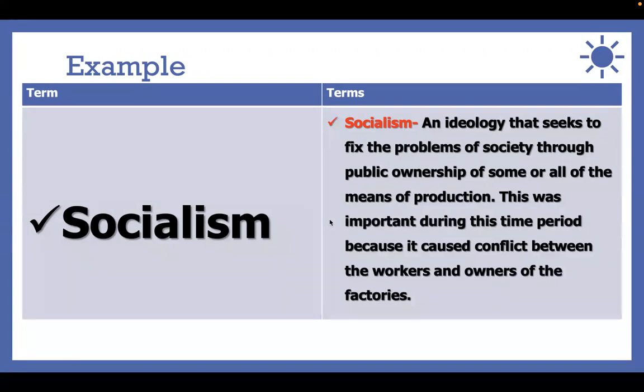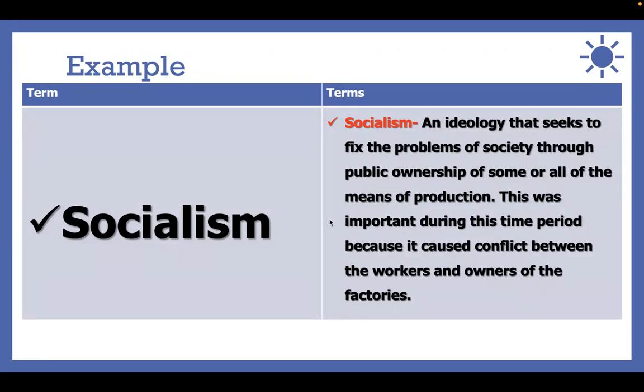And it is arguing that the means of production, meaning the factories, the resources, and things like that, should be owned publicly to further share the wealth. So, this is important during this time period because it's going to cause a great deal of conflict between the factory workers and the owners of the factories. And remember that this is designed to make things more fair.